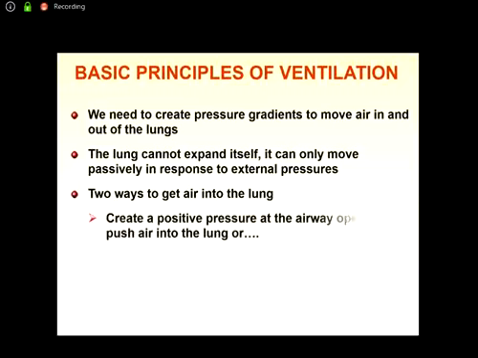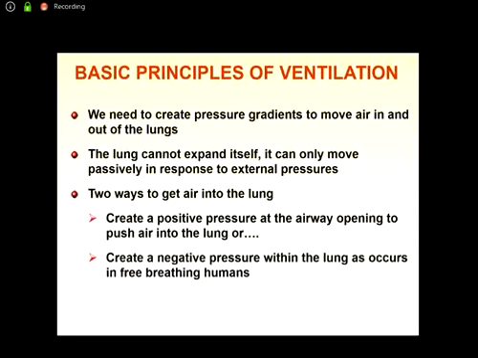The one is to create a positive pressure at the airway opening to push air into the lungs. And that's the way that mechanical ventilation works, by increasing the positive pressure at the mouth. And the other way is to create a negative pressure within the lung, as occurs during free breathing in humans. So when the pressure in the alveoli becomes lower than the atmospheric pressure, the air moves into the lungs.